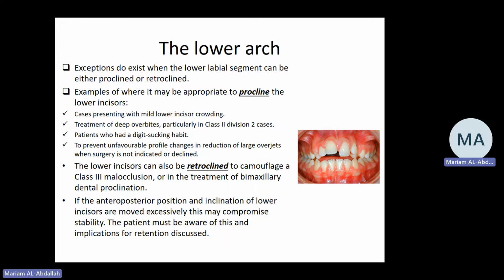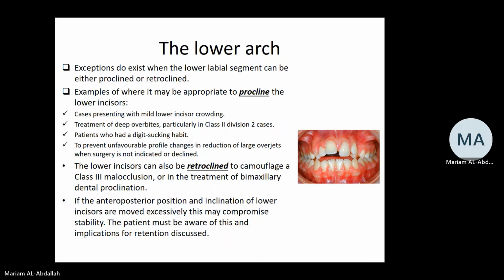Other clinical scenarios where I am allowed to retrocline the lower incisors are two clinical scenarios, mainly patients with mild class 3 malocclusions, where I need to camouflage the malocclusion by retroclining the lower incisors, and cases where we have bimaxillary proclination, where I'm aiming to retrocline both upper and lower incisors.